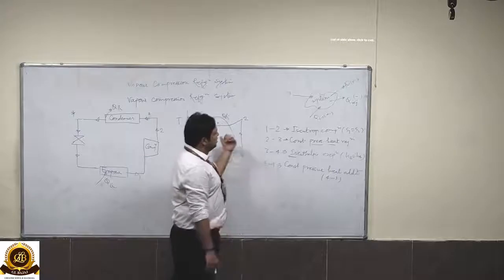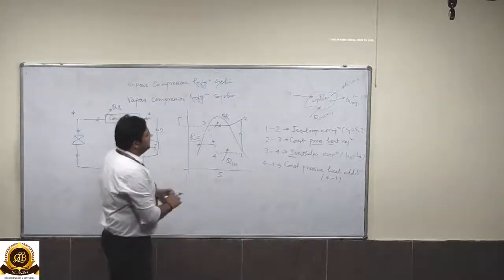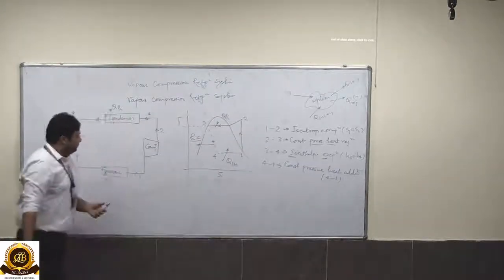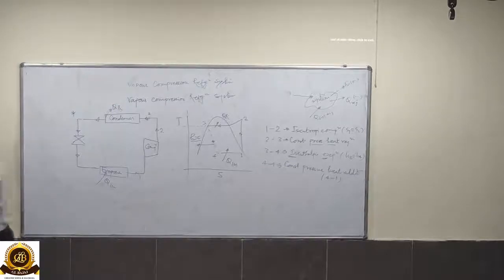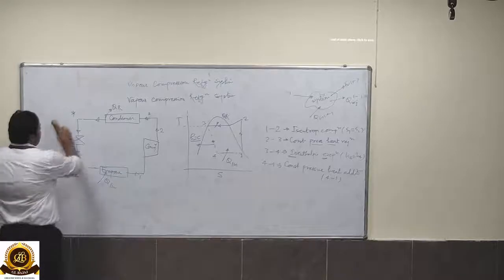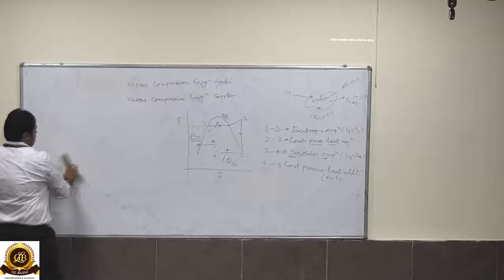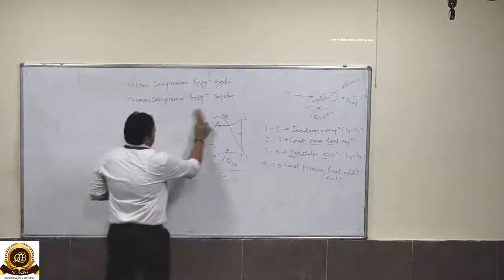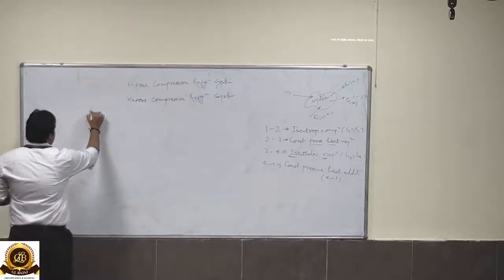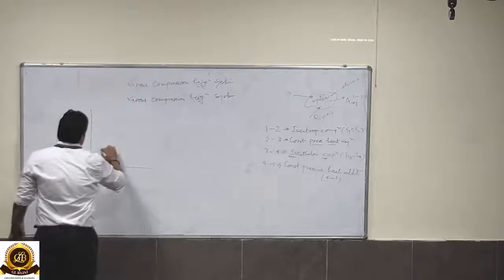Entropy was constant during the expansion process of a reverse Carnot cycle, while enthalpy is constant in this process. So these are the modifications. Now we'll compare the reverse Carnot cycle with the vapor compression refrigeration cycle on a TS curve. Comparison will be shown on the TS curve. We can show it itself.